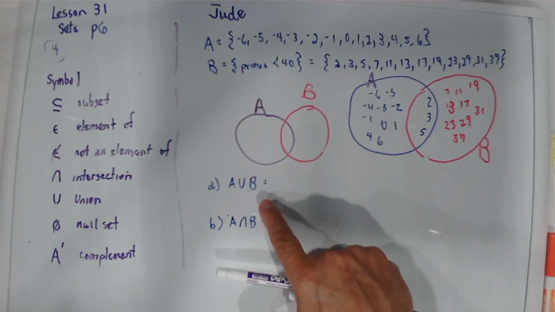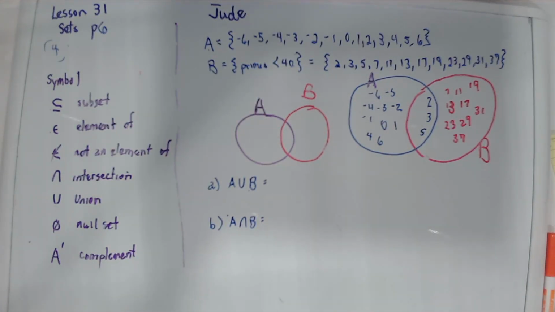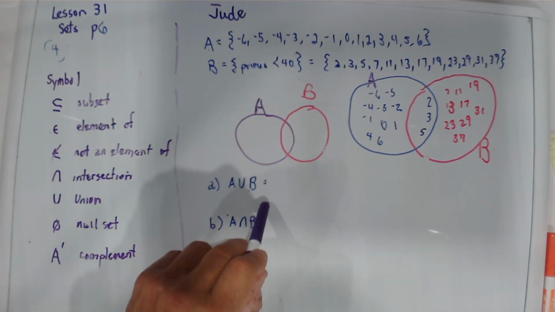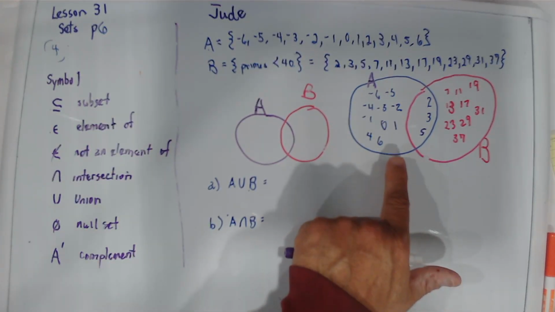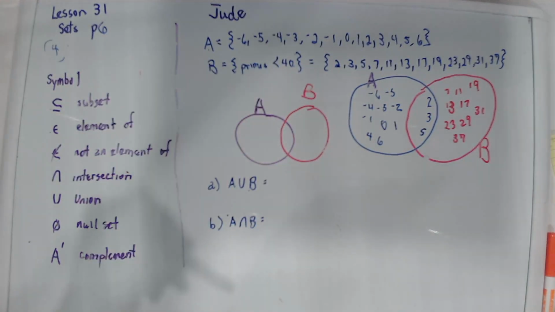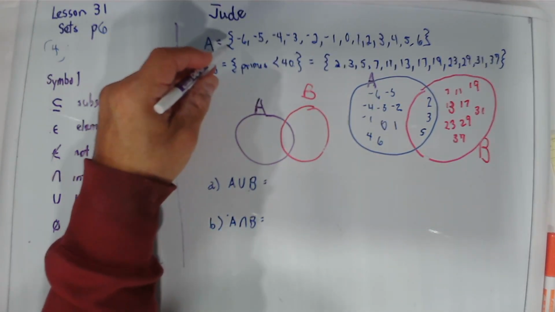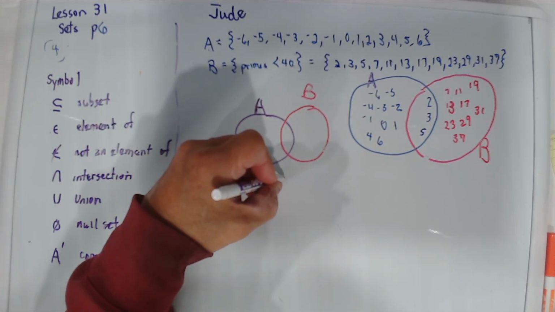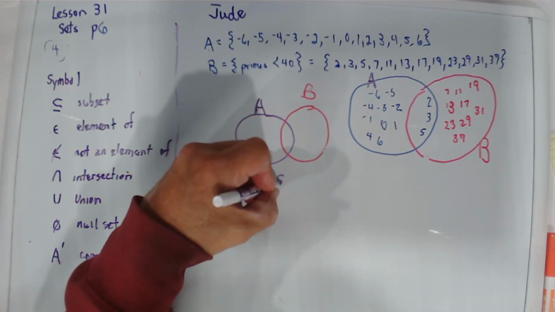So we can look and see what our elements are going to be. And I'm not going to draw them all out because I think you're going to see the gist of it. So when I say A union B, it's going to be everything in A plus everything in B. So I would simply put in all of these elements here, and I'm just going to shortcut it a little bit.